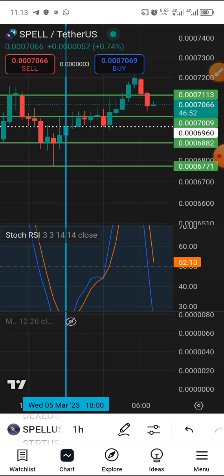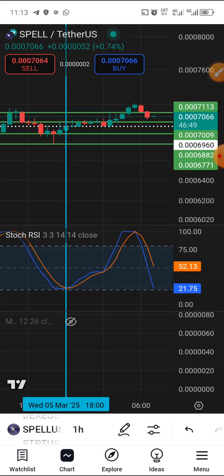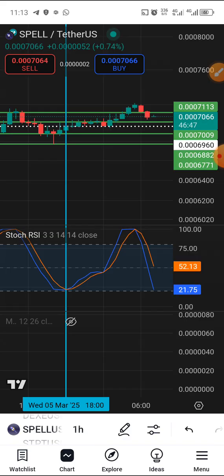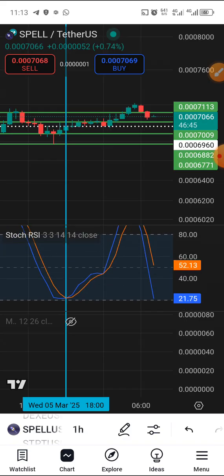After drawing that line, come and look at your indicator. What does it show? And in which region is it?